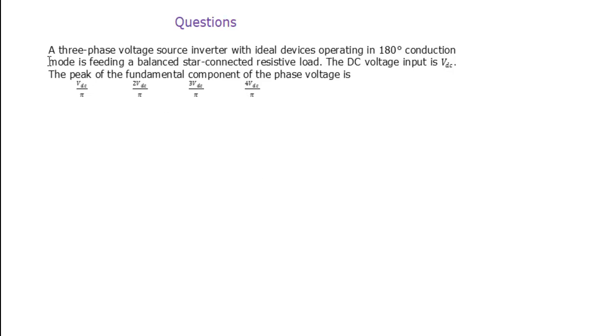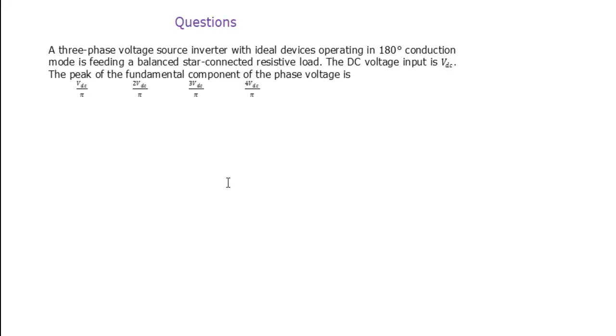Next, a three-phase voltage source inverter with ideal devices operating in 180-degree conduction mode is feeding a balanced star connected resistive load. The DC input voltage is VDC. The peak value of the fundamental component of the phase voltage is?